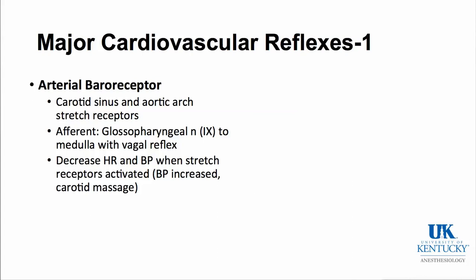So as blood pressure goes up, heart rate slows. Decreases in heart rate and blood pressure occur when the stretch receptors are activated. An example would be carotid massage. When you massage the carotid and stretch those receptors, heart rate will go down and vasodilation occurs.